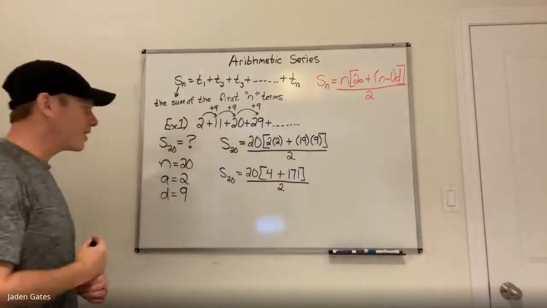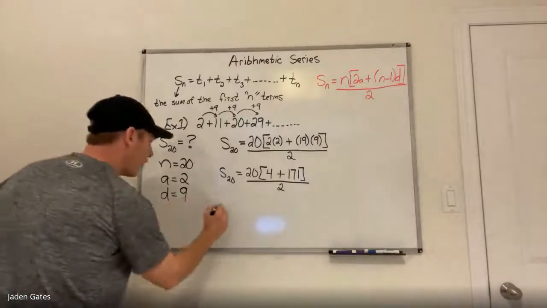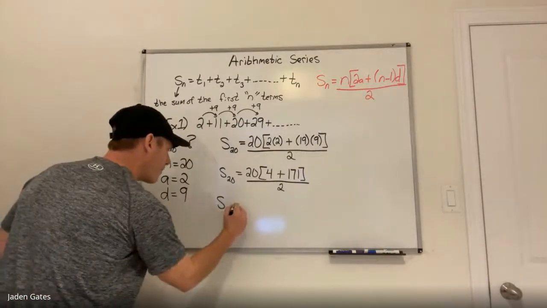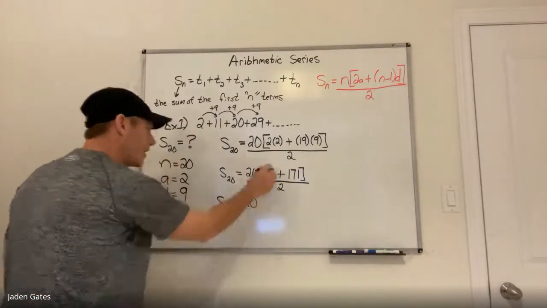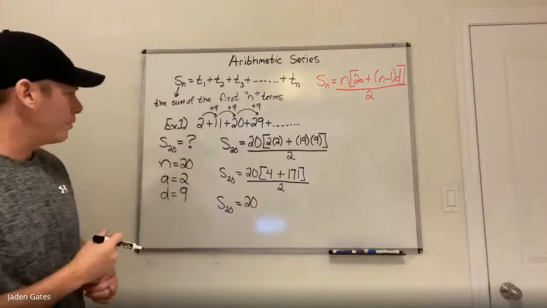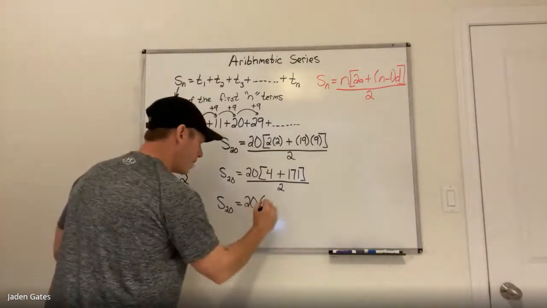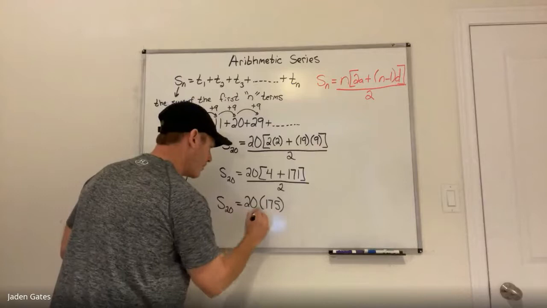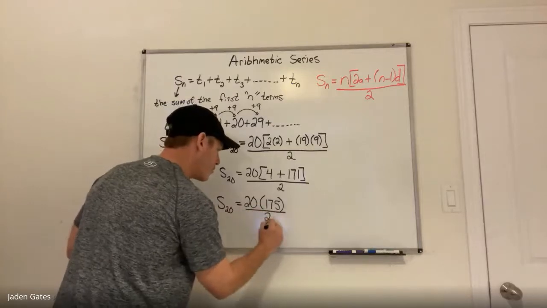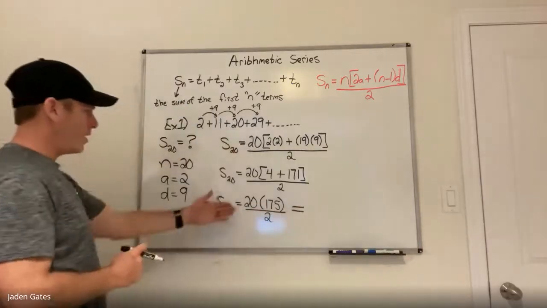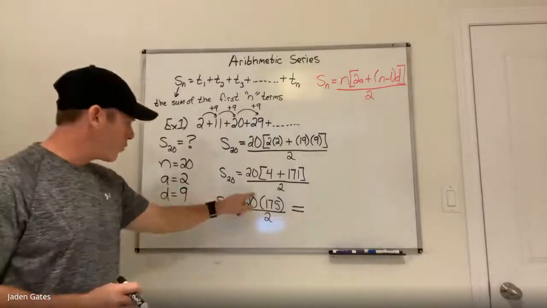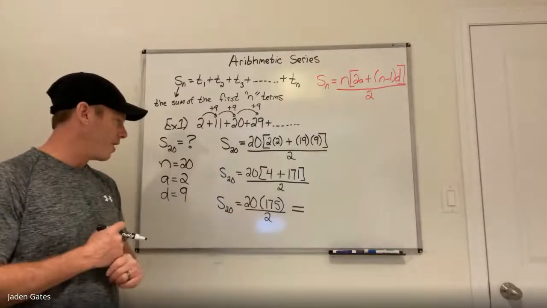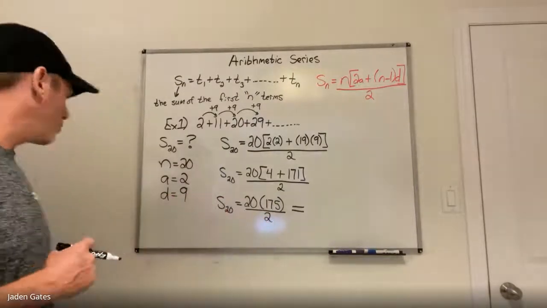Always a good thing when things get simpler. All right, S of 20. So now in the brackets here, I have 4 plus 171. That's 175, divided by 2. And then finally, I can do this all in one step: I take my 20 times the 175, then divide it by 2.